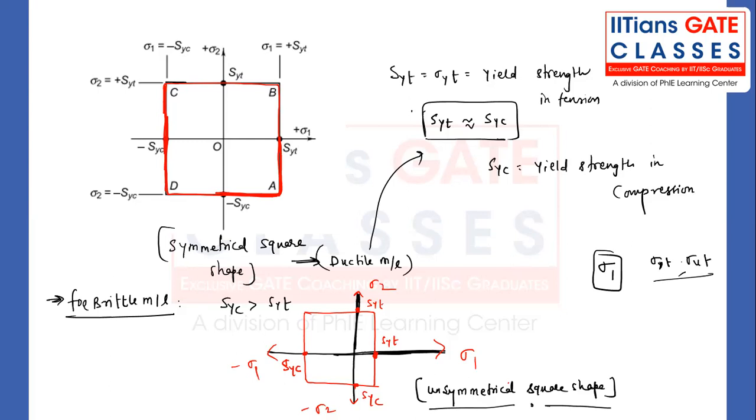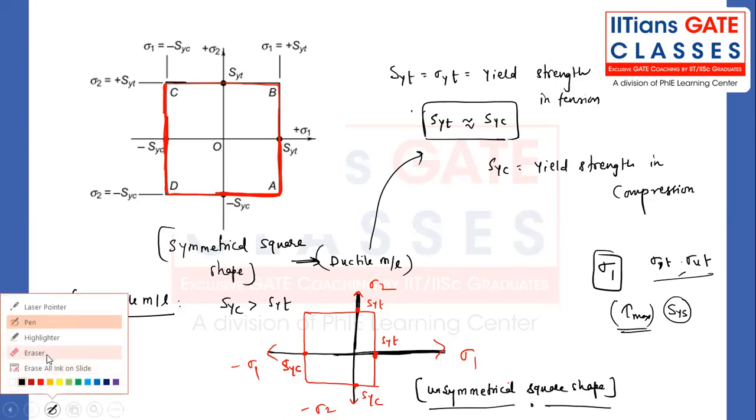If they are weak in shear, we must consider the maximum shear stress for our design. That means we should talk in terms of SYS. But they are not talking in terms of that. So it is very much suitable for brittle material, but not for ductile material. These are some important points regarding this first theory of failure.